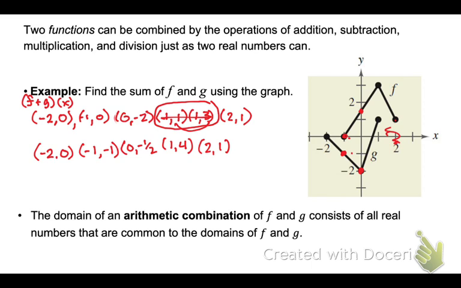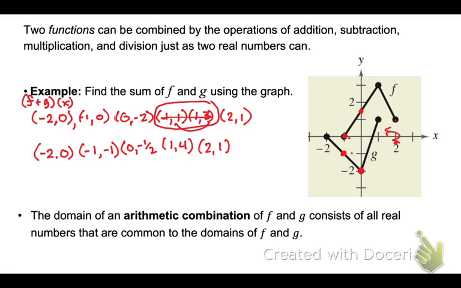No. So could I do the same thing for subtraction, multiplication, division? Yes. The domain of any arithmetic combination of f and g consists of all real numbers that are common. So the domain is what's common. Is -2 in the domain of both f and g?